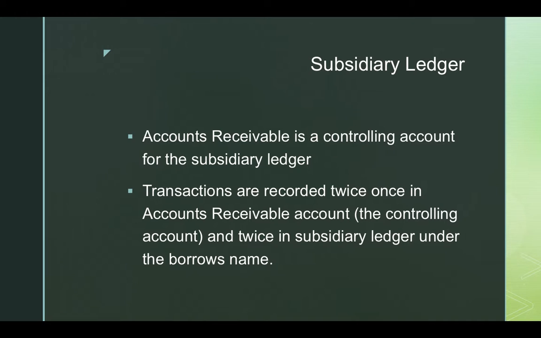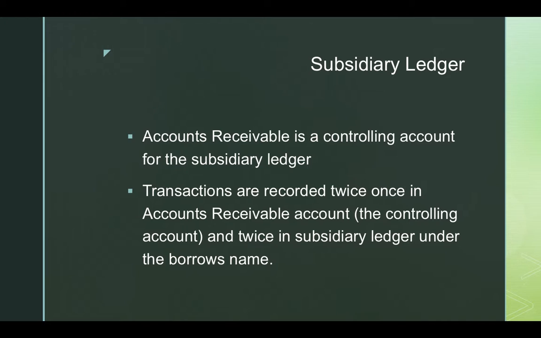Next, we started out with accounts receivable at the very beginning, one accounts receivable. Then we switched, we had accounts receivable for each client. So now we're switching again, and we're using what's called a subsidiary ledger. Essentially we're going to have accounts receivable, which is a controlling account, meaning that its total will be equal to all of the items in the subsidiary ledger.